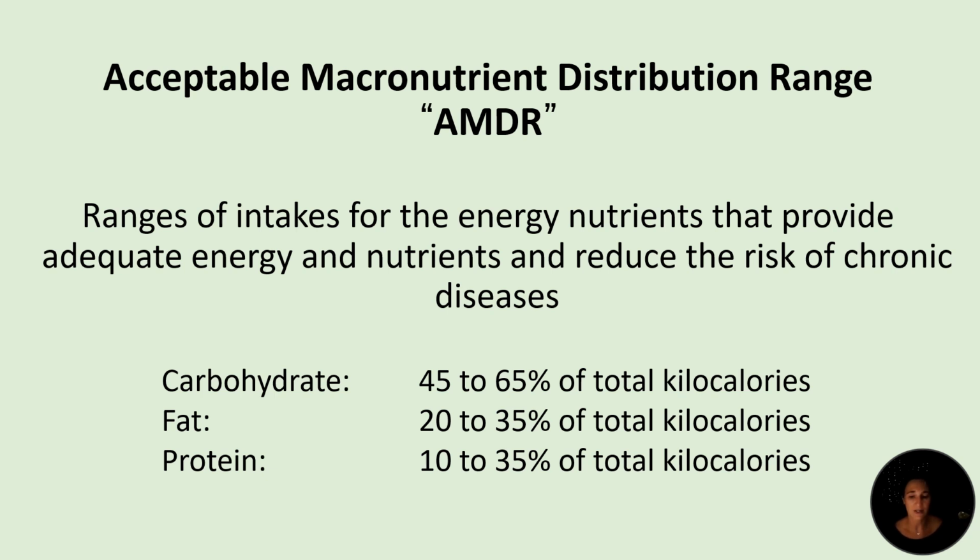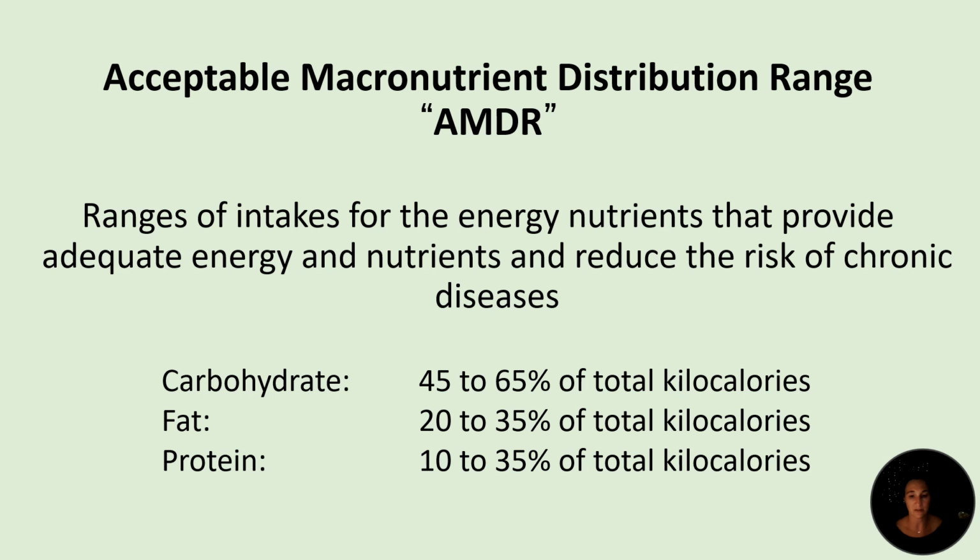Well, for carbohydrates, we should be getting about 45 to 65% of our total kilocalories from carbohydrates. So of all the calories that we eat, 45 to 65% should be carbohydrates. This range is lower for fats. We need less of our calories from fat.